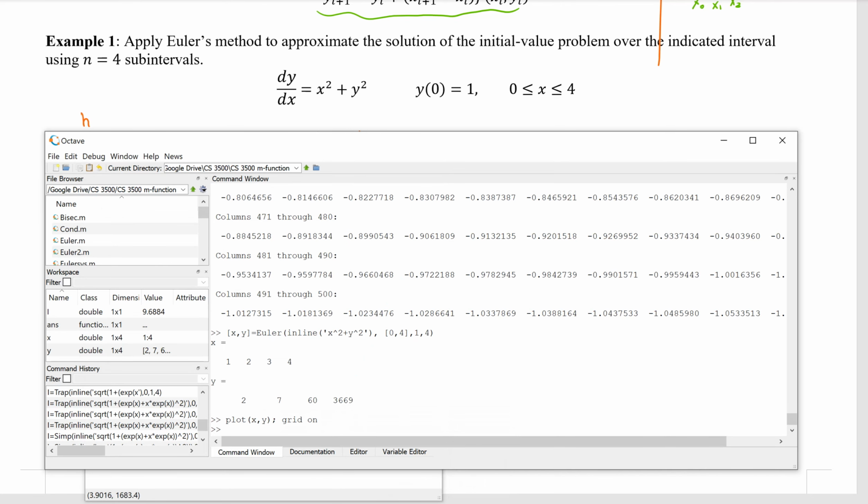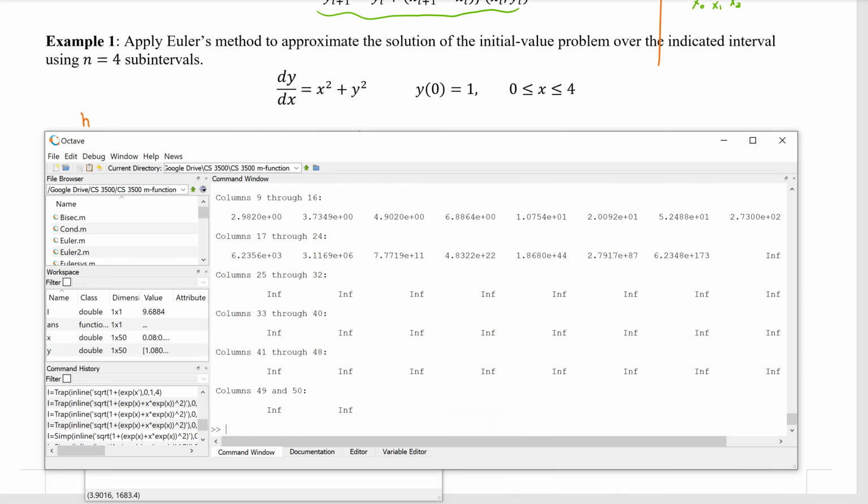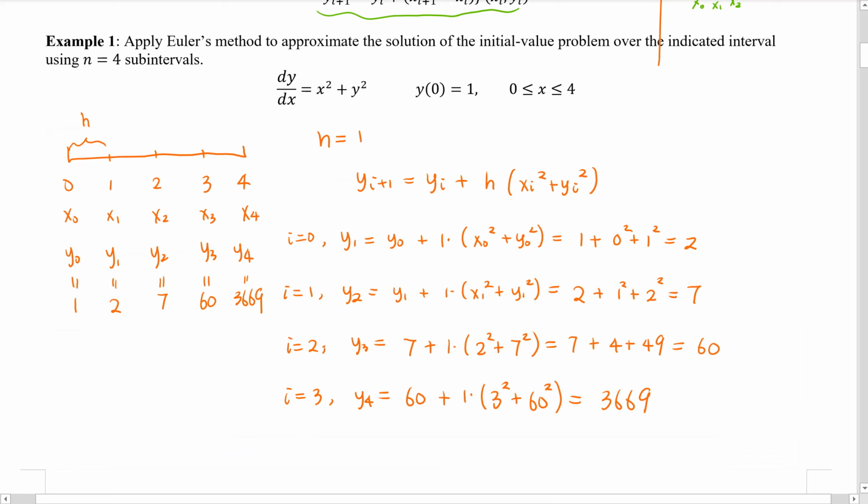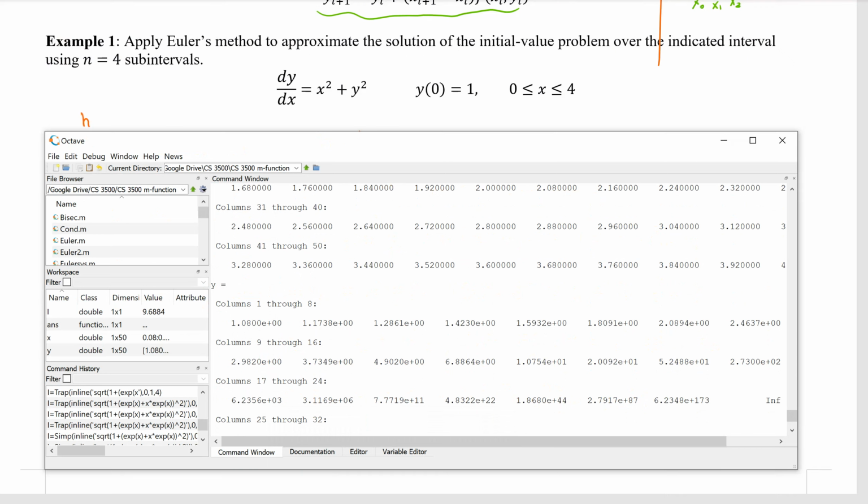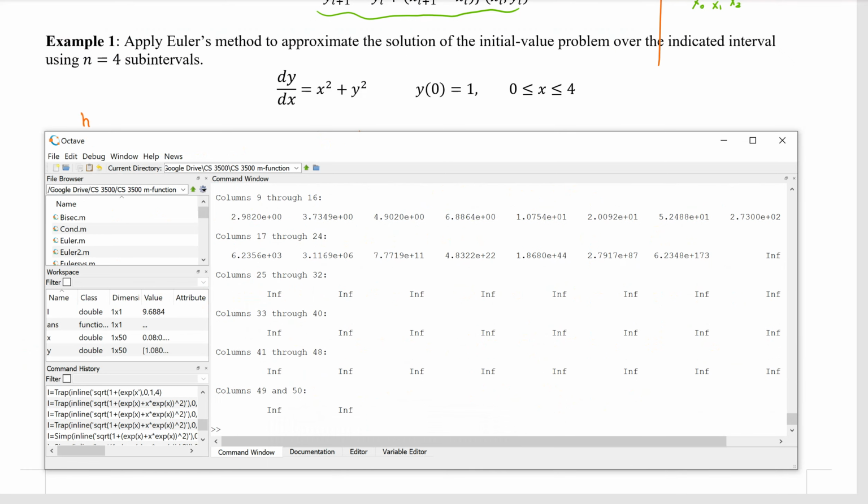Okay, but if we increase the number of intervals, like let's do 50. It's so big, because x squared and y squared is going to get very, very big. Okay, so we get a so big number. Okay, so far so good.